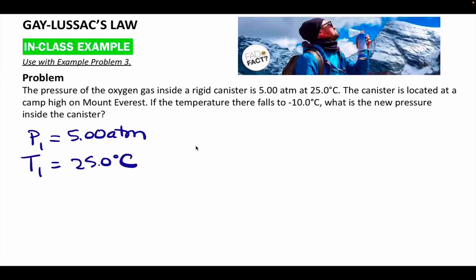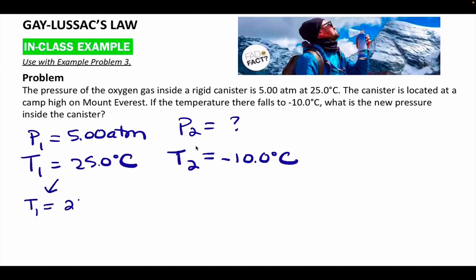Then we somehow move the container up to a camp high up on Mount Everest, and it's going to be cooler up there, so negative 10 degrees. We want to know the new pressure in that canister. Again, you have to do the temperature conversions. So T1 would equal 25 plus 273, and T2 would equal negative 10 plus 273.